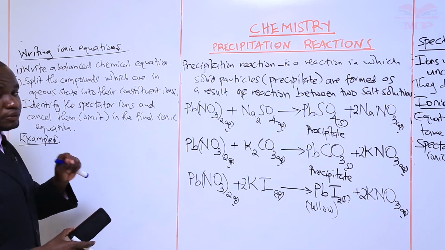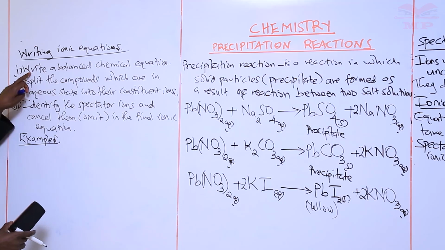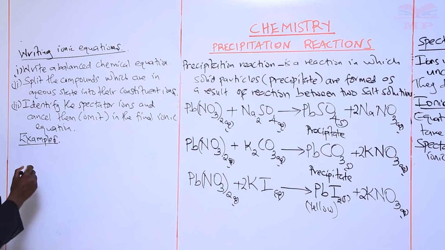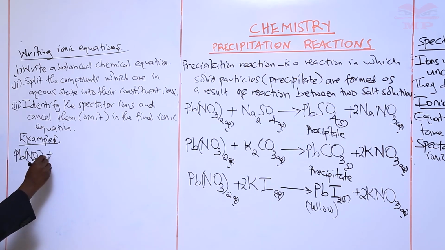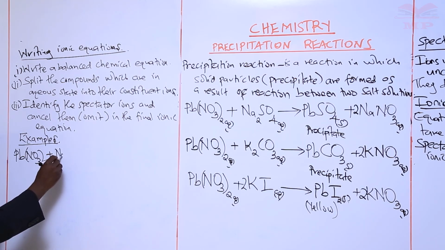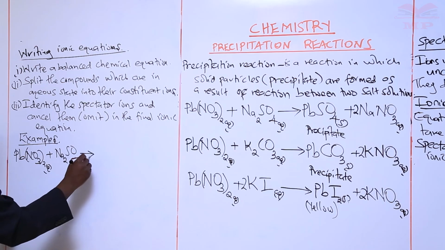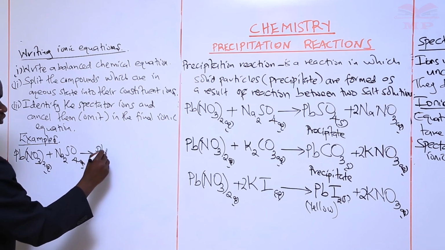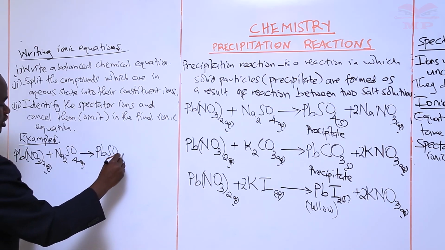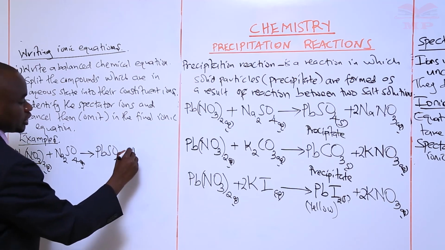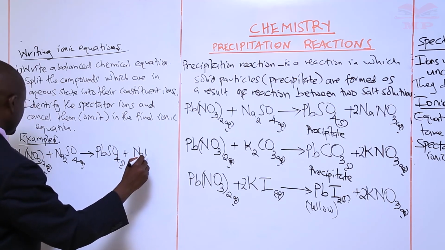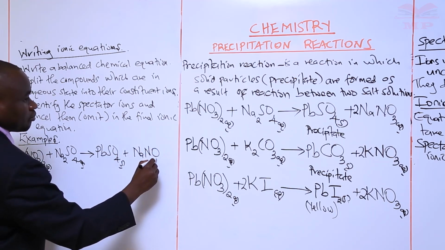So we have said the first step, you write the chemical equation. So it is lead nitrate, state symbol aqueous, plus sodium sulfate, state symbol aqueous, that will give you lead sulfate, plus sodium nitrate.